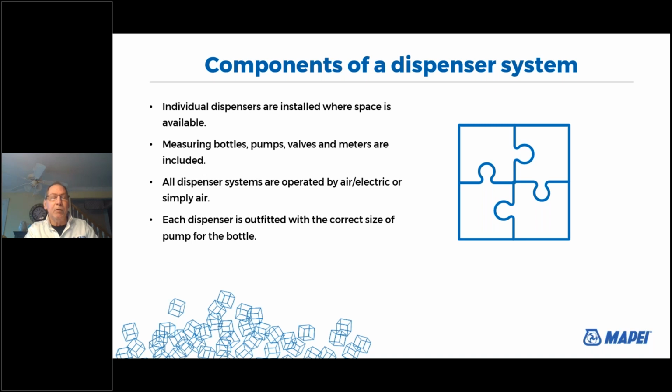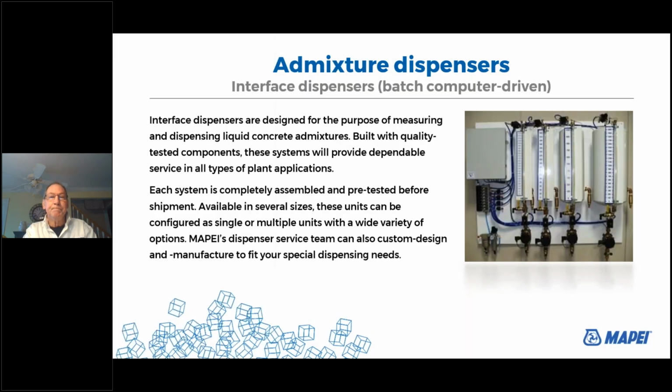So typically it's all air, outfitted with the correct size bottles and pumps. These pumps and bottles depend upon whether it's ready mix or precast, is it an accelerator, a non-chloride accelerator, or a water reducer? All those bottle sizes mean something to the producer and to us.